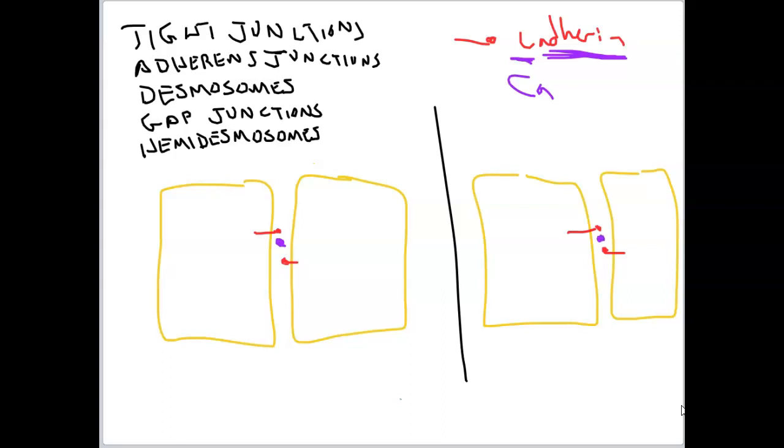The reason why this is a stable interaction right here and right here is because a single calcium ion is bridging these 2 transmembrane cadherin proteins that are expressed on these adjacent cells. So they both have that in common.